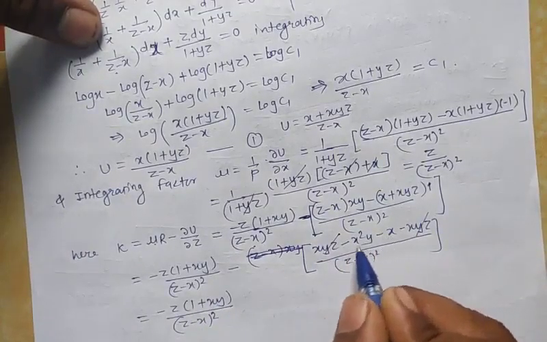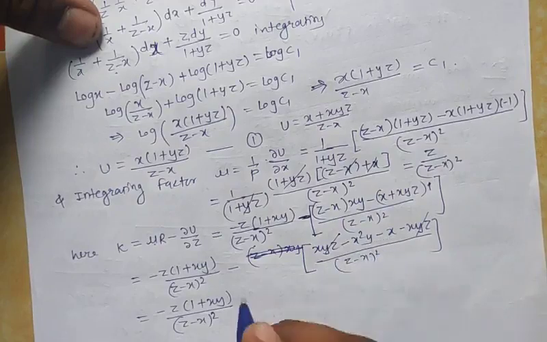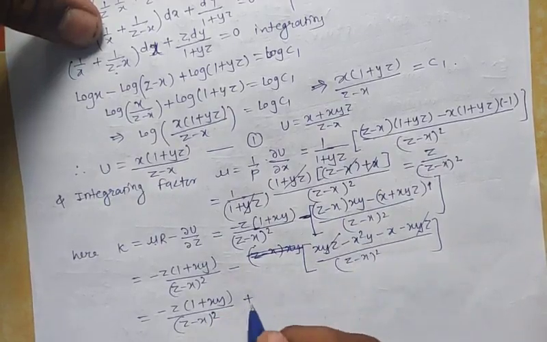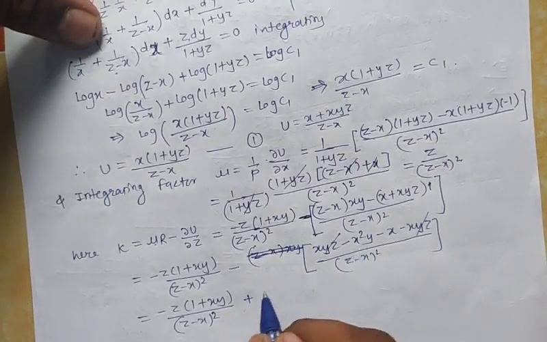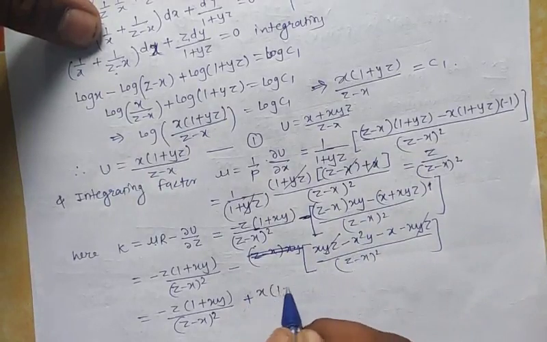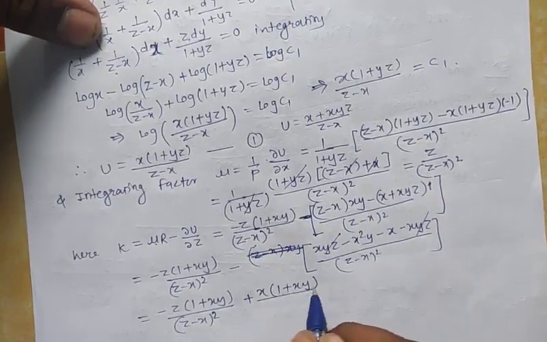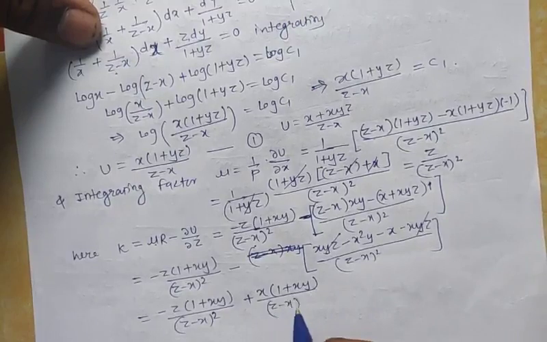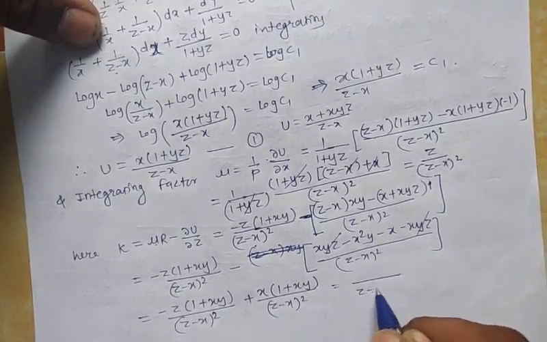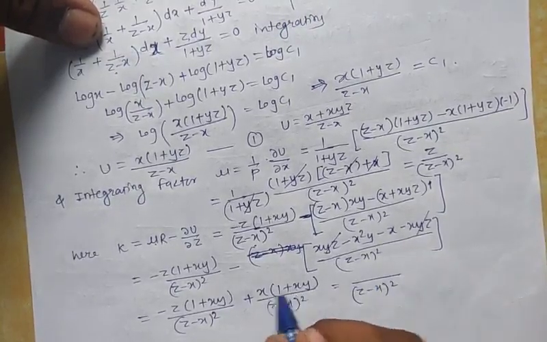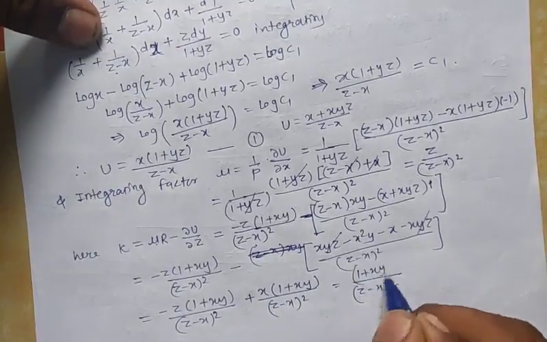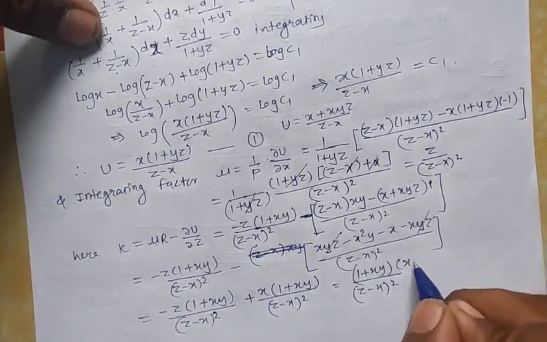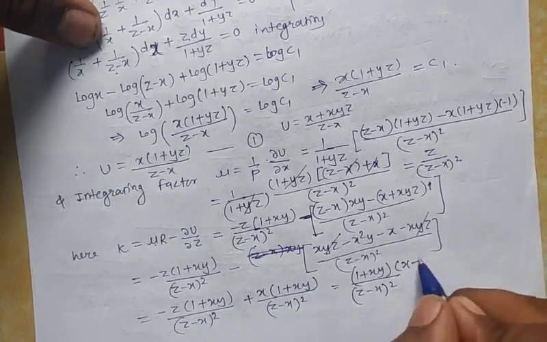And here from these two terms I will take x as minus x outside, so minus minus plus into bracket, here I get x into 1 plus xy upon (z minus x) whole square. So the denominator is the same, (z minus x) square. So take 1 plus xy outside, so in the bracket we get x minus z.